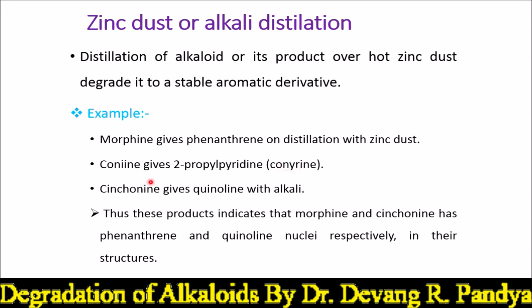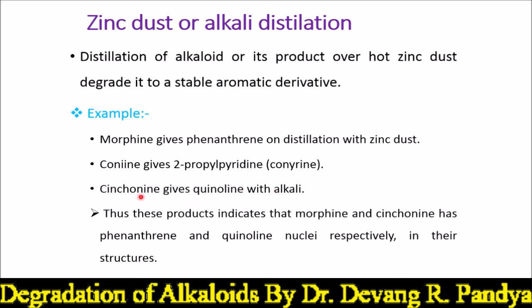Similarly, coniine on distillation with zinc dust gives 2-propyl pyridine, that is conyrine, and that is also a kind of zinc dust or alkali distillation. Similarly, cinchonine, which we extract from cinchona bark, gives quinoline nucleus with alkali distillation process.